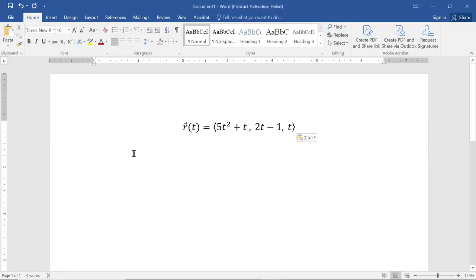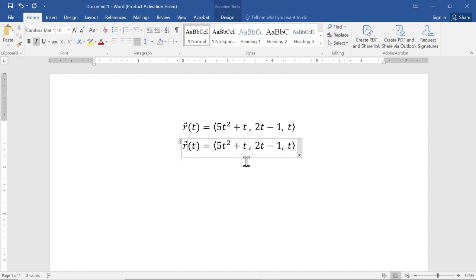So in order to do the tangent line, we first need to find the derivative of r. And if we're going to find the derivative of r, all we have to do is take the derivative of each of these components. Now the variable is t, so we're taking the derivative with respect to t.